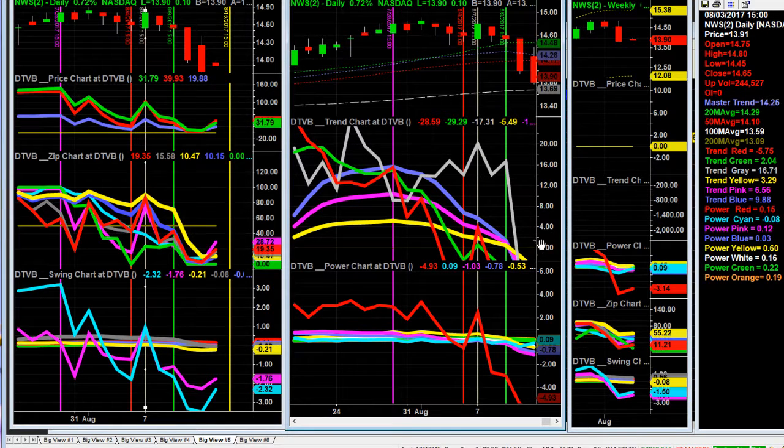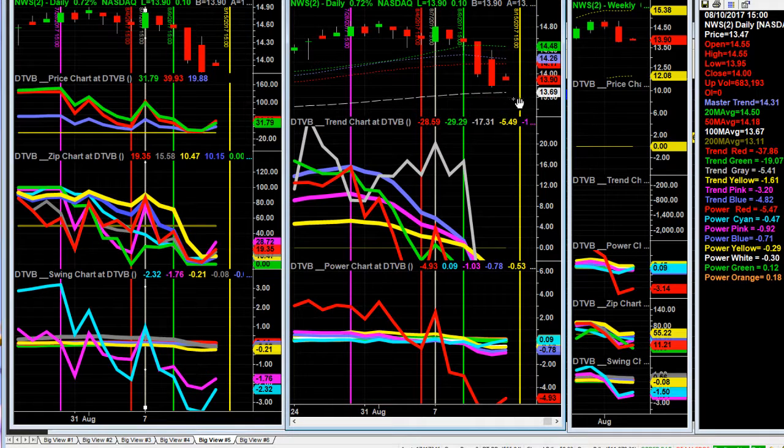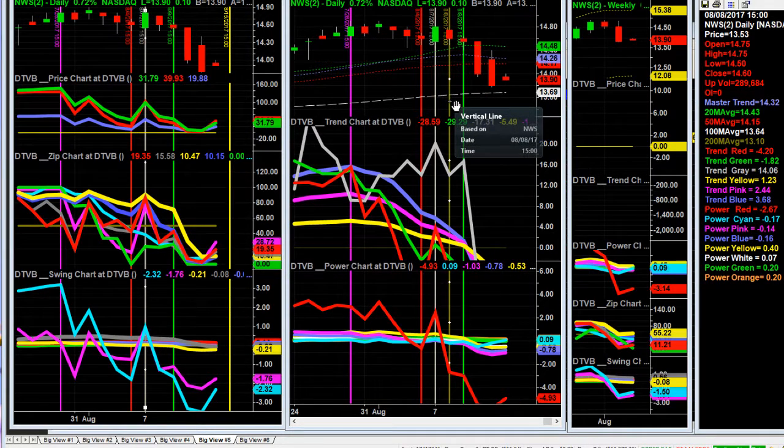Now, the other thing that I want to mention here is that if I take this yellow line and put it right there, the yellow line represents the day that the power red crossed under 0. And that's significant because if you're not familiar with it, power red is your best position indicator.